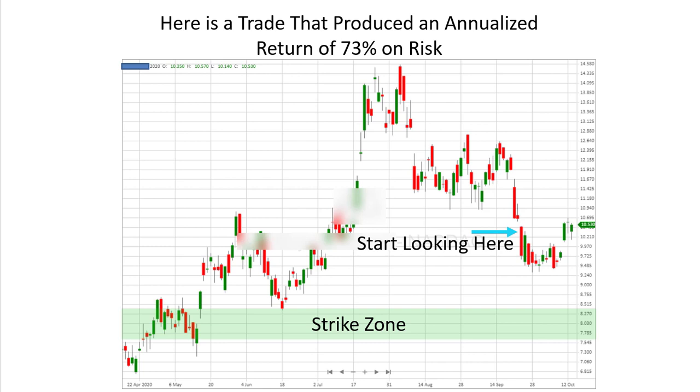I can show you how to increase your overall annualized return on risk. For example, here's a trade that produced an annualized return of 73% on risk. And you can see I use the same concept. I'm not selling puts while the market is surging. I wait for the market to come down. I actually sold one here, and then I sold one here.